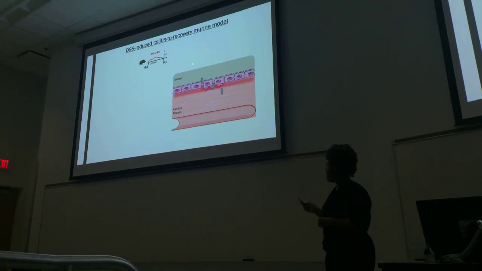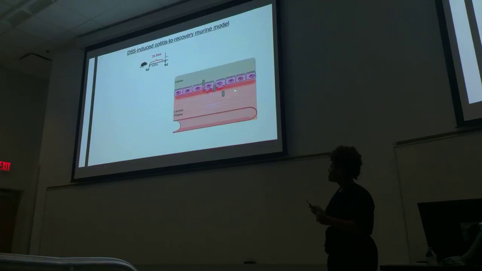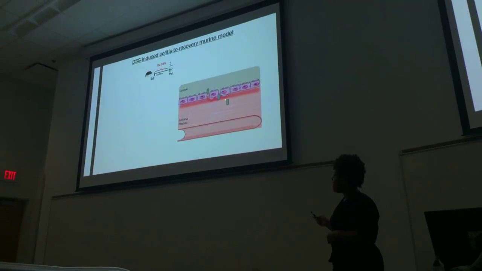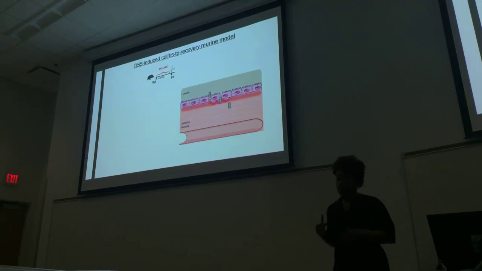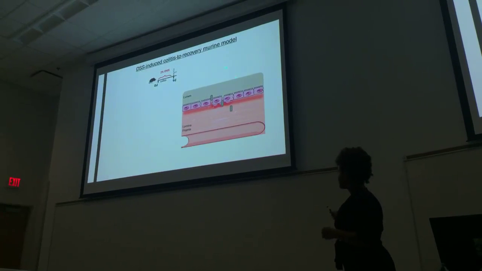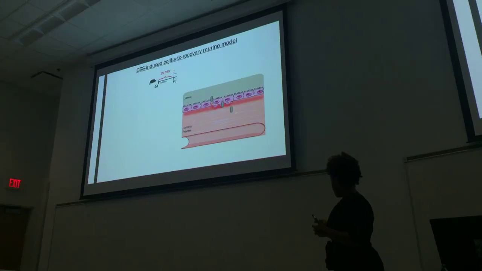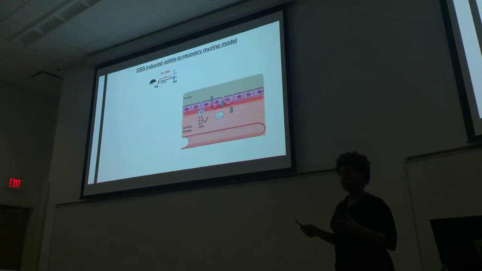And while the mechanism of DSS induction is still up for debate, it is commonly agreed upon that the DSS irritates the epithelial barrier, which creates holes through damaging tight junction proteins that allow commensal bacteria that normally reside in your lumen to enter into the lamina propria and activate tissue-resident cells to secrete large amounts of pro-inflammatory mediators.